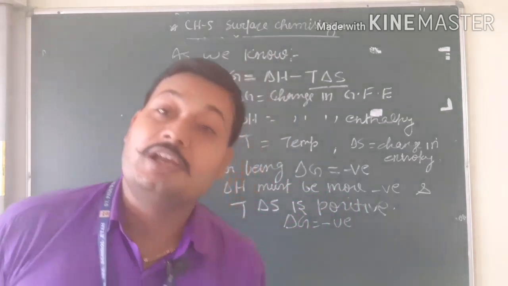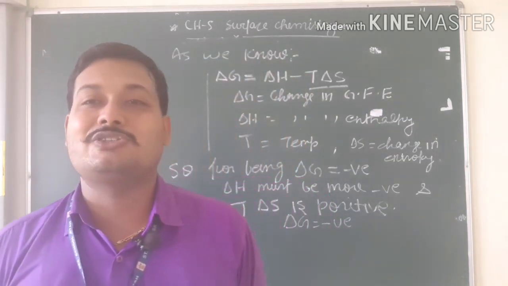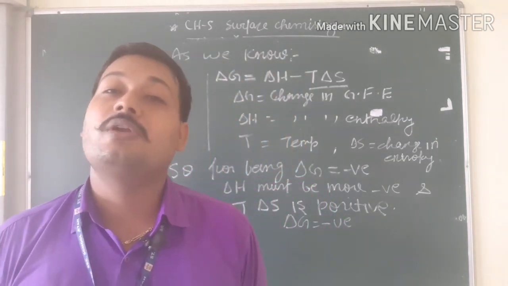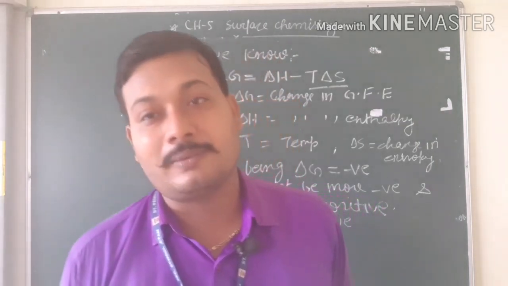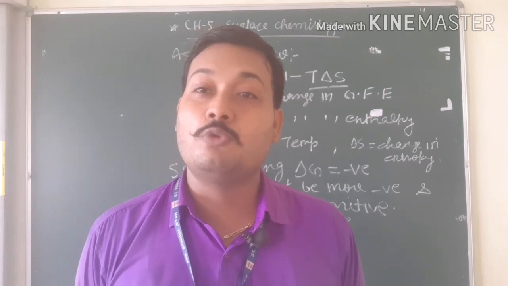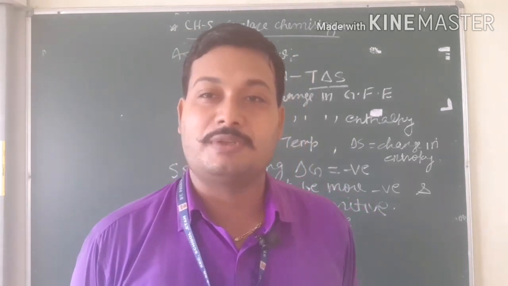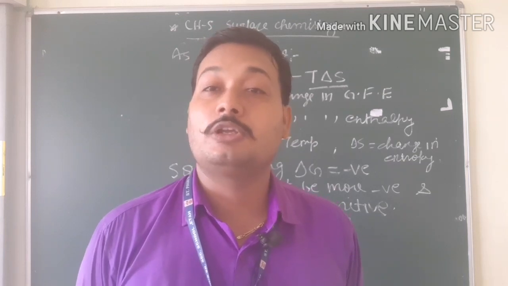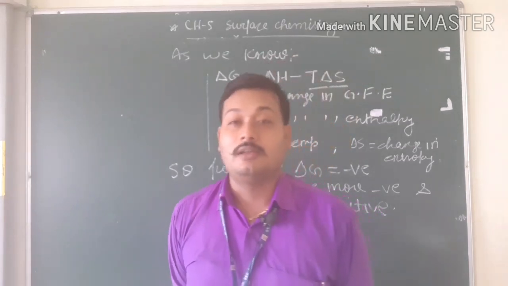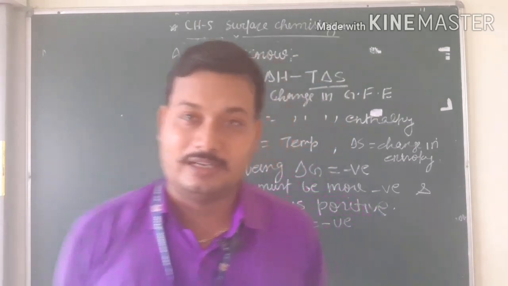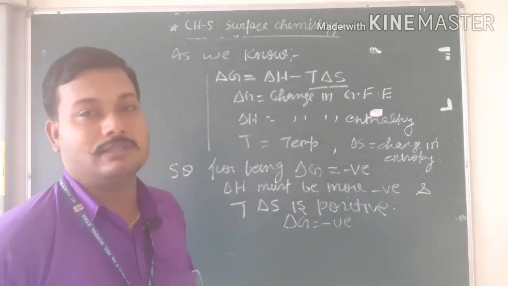One thing must be remembered: delta S is negative, delta H is negative, so delta G is also negative. But you have to remember that delta H must be more and more negative and T delta S must be positive. It means the temperature should be low. So that's why delta G is negative and the process is spontaneous in nature.